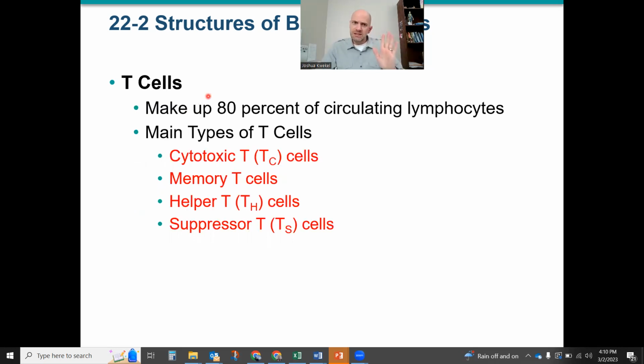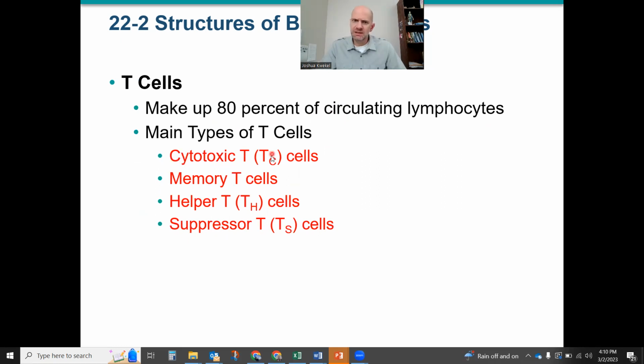So let's start with T cells and talk about those first. T cells make up 80% of the circulating lymphocytes. So the vast majority of lymphocytes are T cells. Okay, and that's because there's a bunch of subtypes there that are relatively important. Okay, T cells. There are 4 types here.